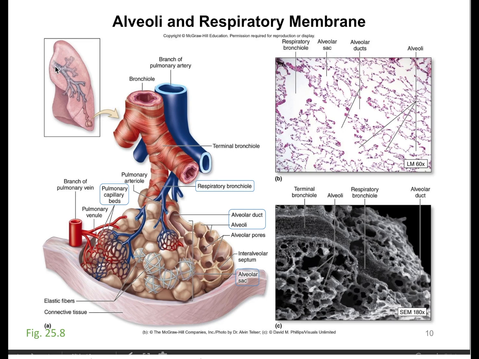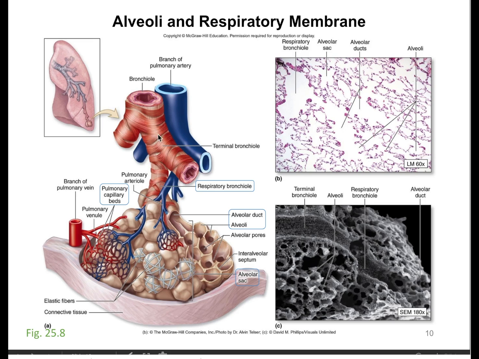So the left main bronchi, the 2 secondary bronchi, and then the multiple tertiary bronchi. And then we're going to get smaller into a bronchiole, and eventually into the terminal bronchiole, and then into the pulmonary respiratory bronchiole.